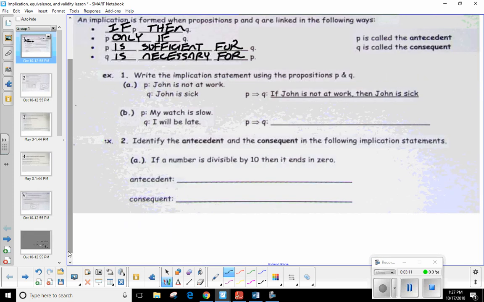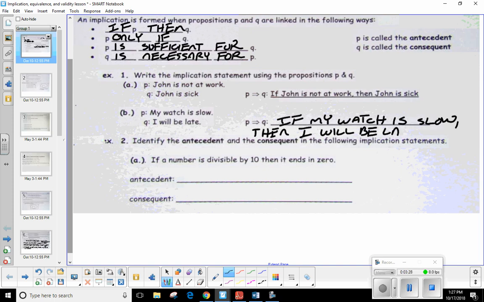So how would we write the implication? If my watch is slow, then I will be late. There we go. That's all there is to it.